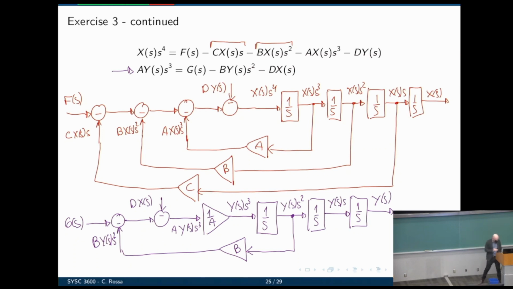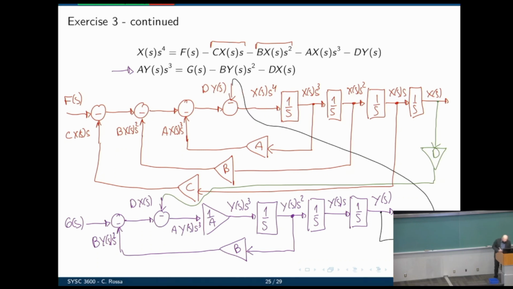So x of s will come from the other equation. We can take it here, multiply that by d, and this is where it starts to get messy. And there it is. And same goes for y. Y needs to be multiplied from this top loop here, the top input. We need y to be multiplied by d again, and then be fed there. And that completes the loop.